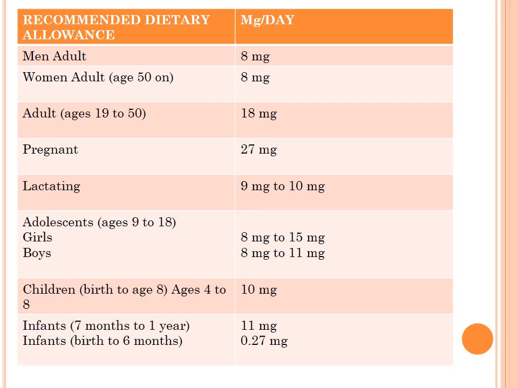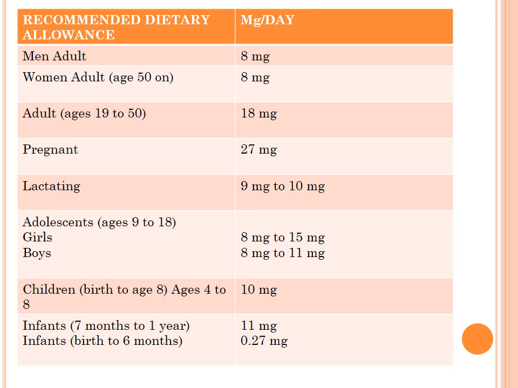And what is the recommended dietary allowance of iron for various categories? It is 8 mg per day for adult men, and for adult women aged 50 onwards it is 8 mg. For adults from the age of 19 to 50 it is 18 mg. For pregnant ladies it is 27 mg per day. For lactating mothers it is 9 mg to 10 mg per day.